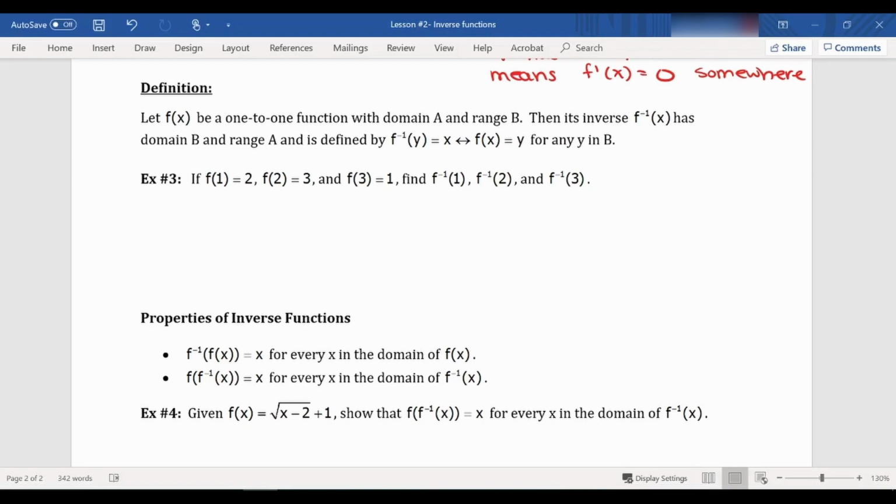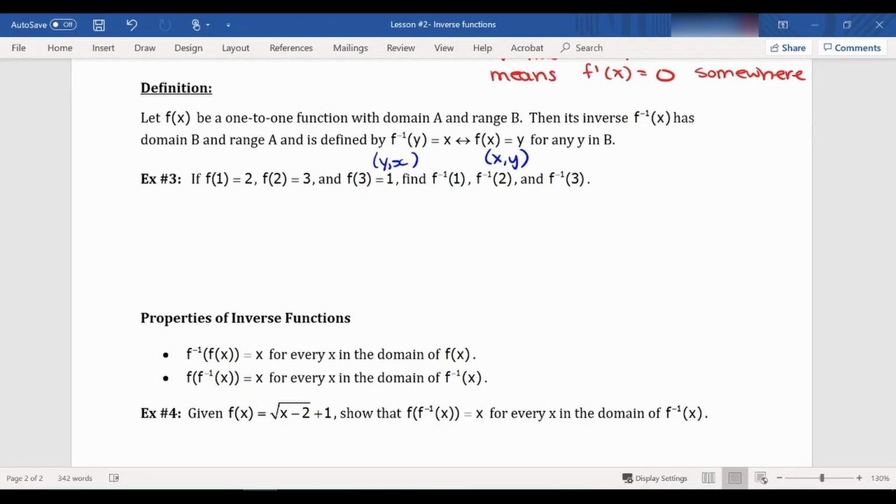So our inverse would be a function with a domain of B and a range of A. We also know that if our original point is (x, y), then on our inverse, our point would be (y, x). We know that that's true.